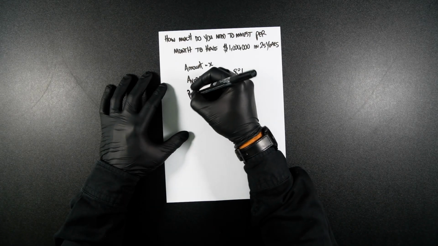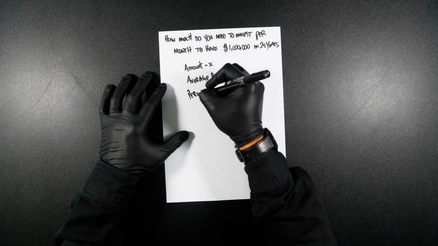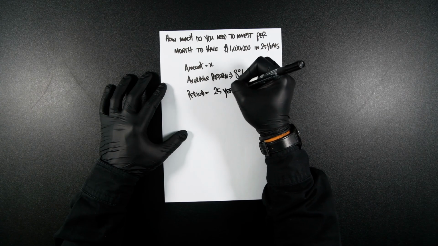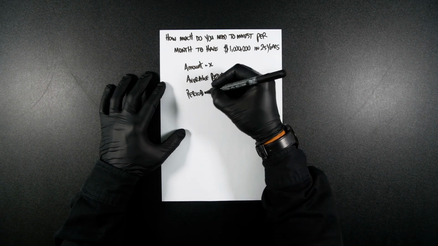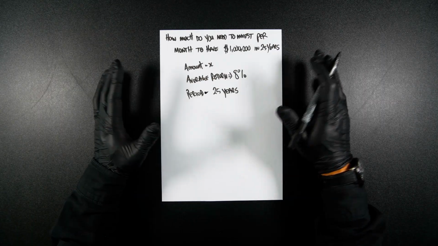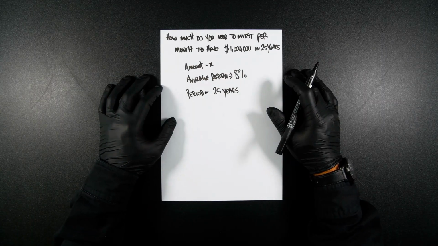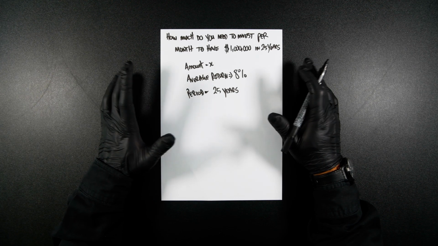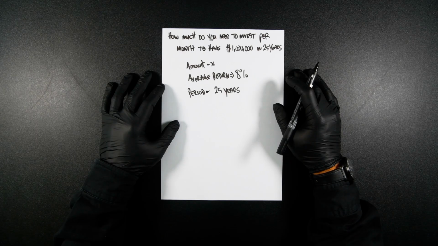And the period that we're going to be dealing with is, as I've stated here, 25 years. I will later on as well show what the difference is for, let's say, 15 years, 10 years, 5 years, or even 1 year. And then we now need to know what the monthly compound is.